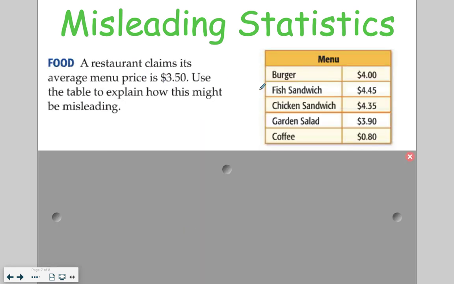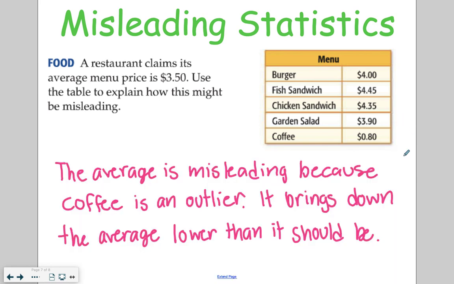So now you're looking at a menu, and this restaurant claims that the average menu price is $3.50. Why is this misleading? Once again, there's an outlier in the coffee, and in this case, it's bringing the average lower than it should be.